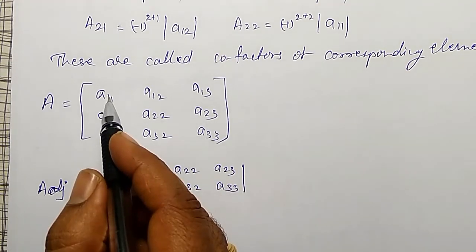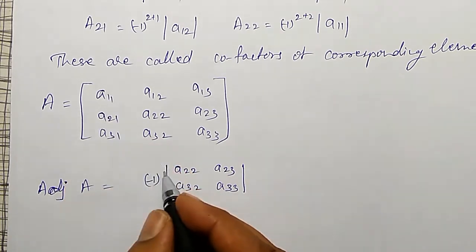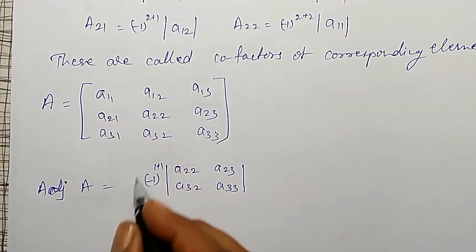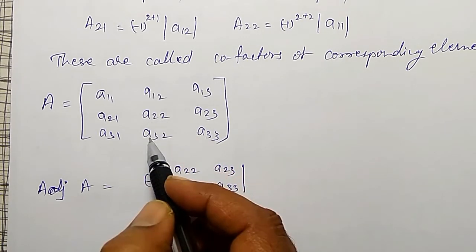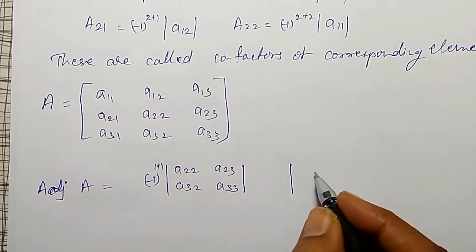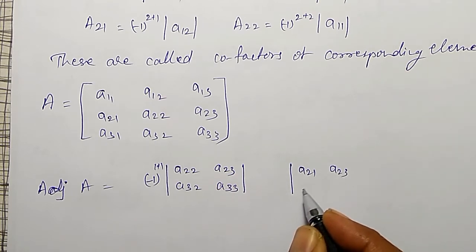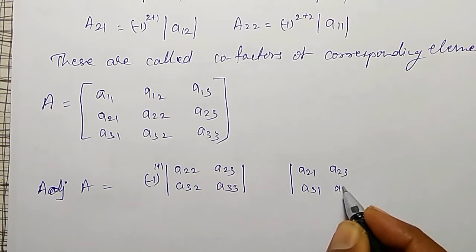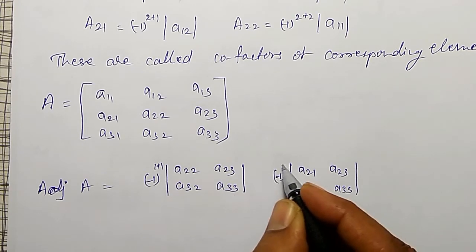A22, A23, next A32, A33. This is the minor of A11, and if you multiply by minus 1 raised to 1 plus 1, that will become the cofactor of that particular element. Then the minor of A12, leaving that row and column, the determinant will become A21, A23, next A31, A33, and minus 1 raised to 1 plus 2.